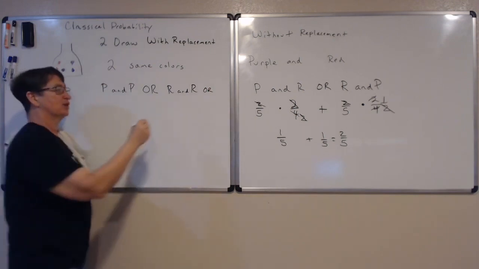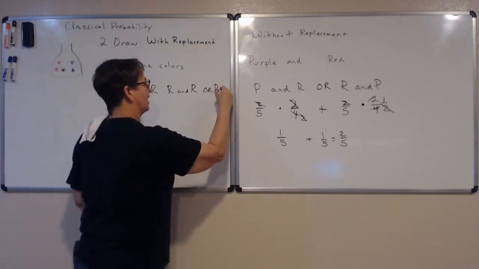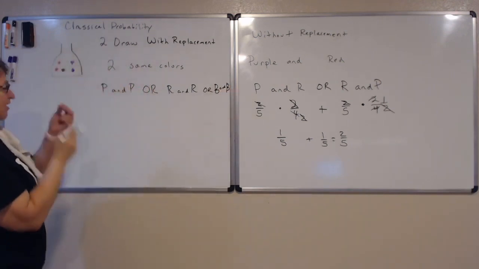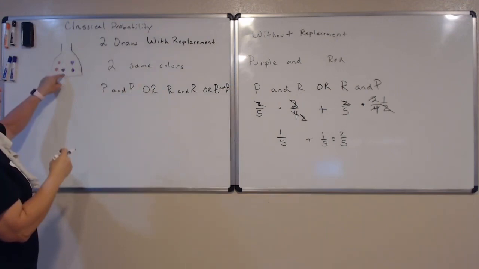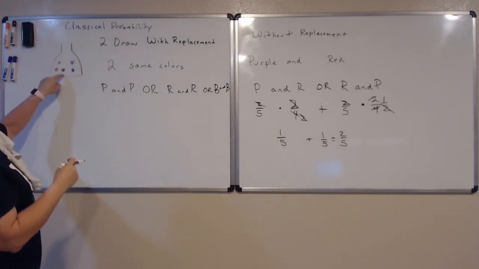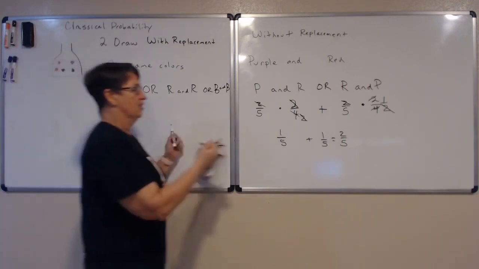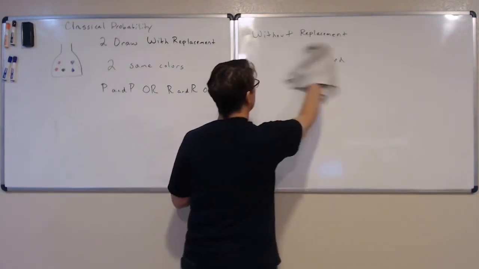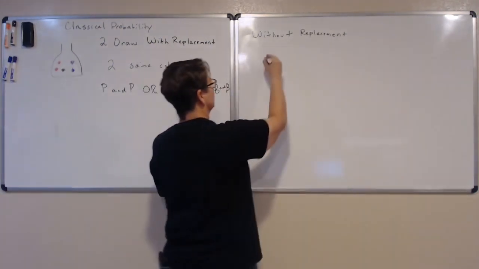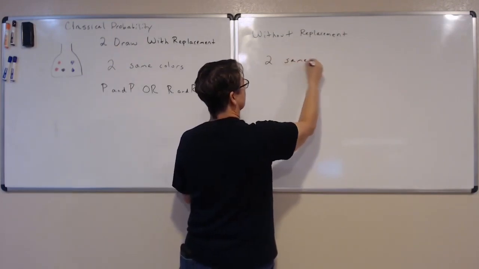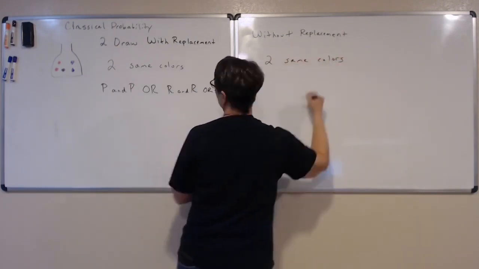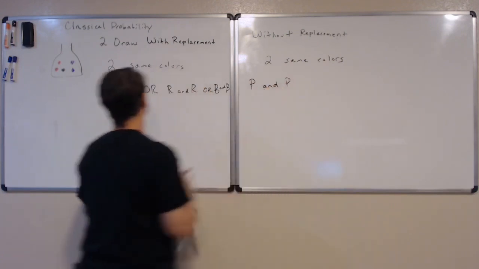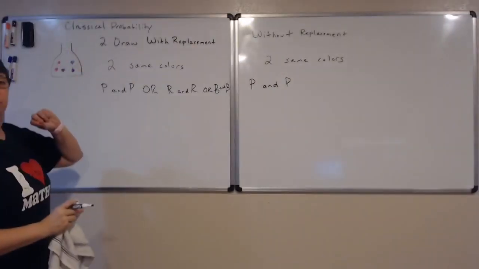Now we said that we could do that yesterday, black and black, because I take it out, I look at it, but then I put it back in. So I can get black and black with replacement. But when I do without replacement, and I do 2 of the same colors, so I can still get a purple and a purple, because I can take out both of these purples.